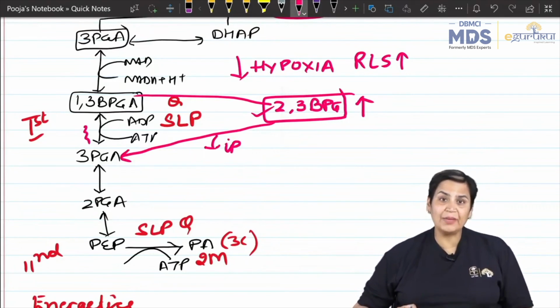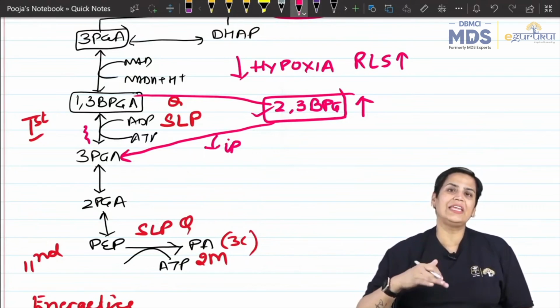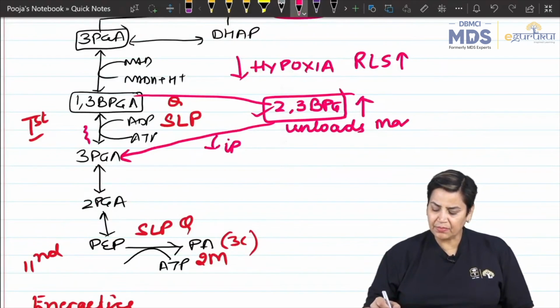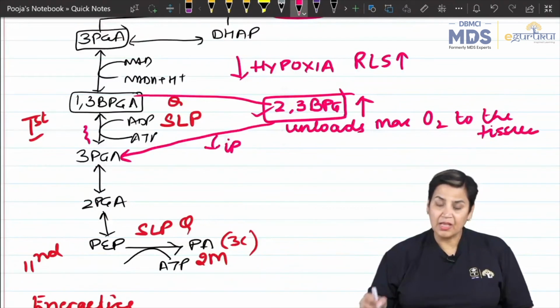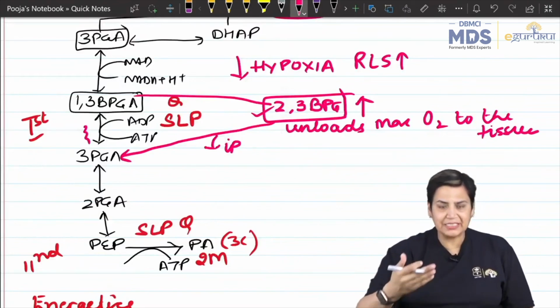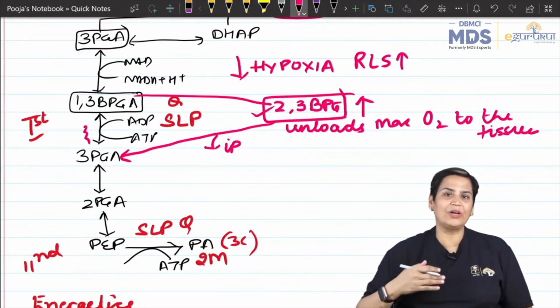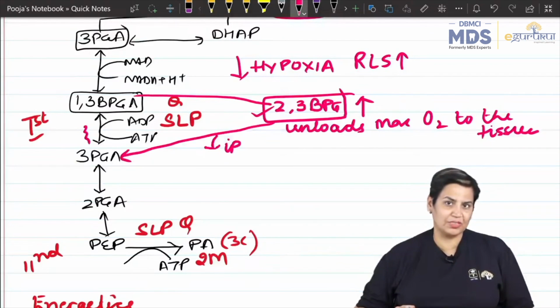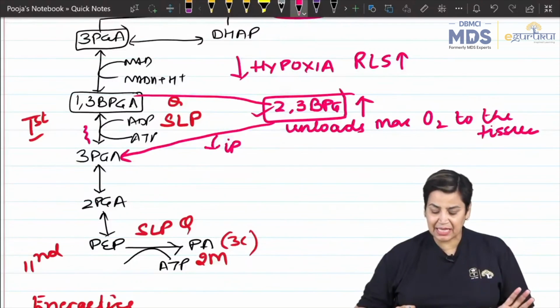So the concentration of 2,3-BPG increases and it unloads maximum oxygen to the tissues. So obviously if it is unloading maximum oxygen to the tissues, our body can survive these hypoxic or anoxic episodes. You got my point?